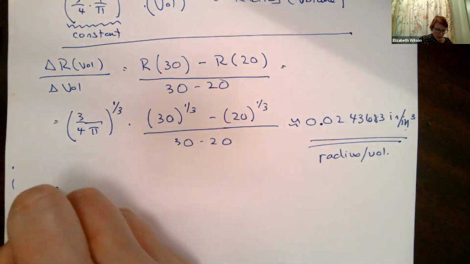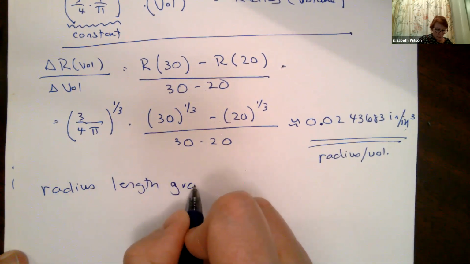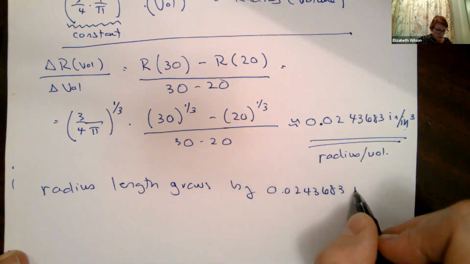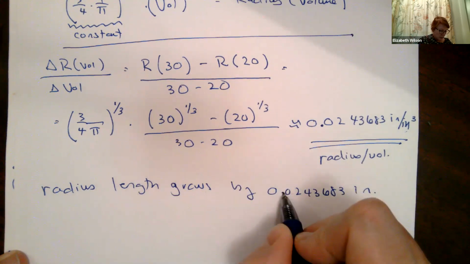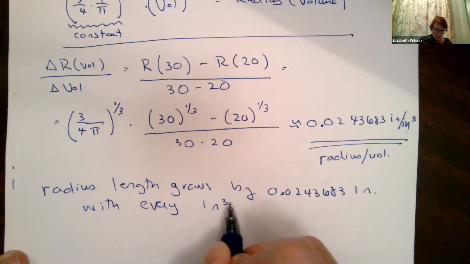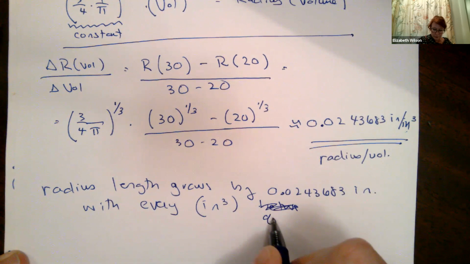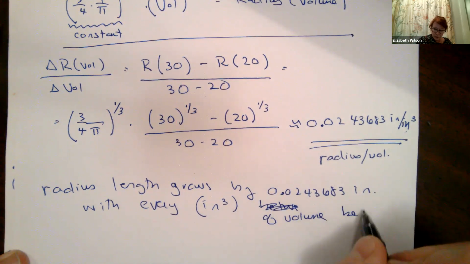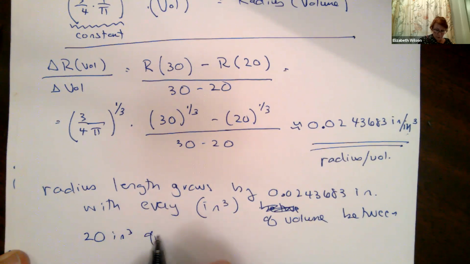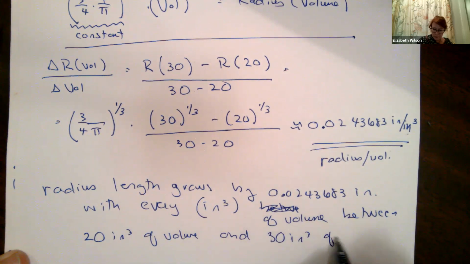So this means our radius length grows by 0.02436683 inches with every cubic inch of volume between 20 cubic inches of volume and 30 cubic inches of volume.